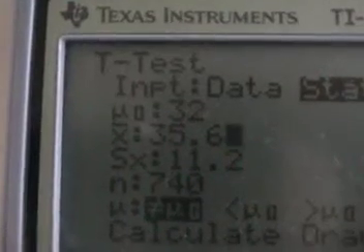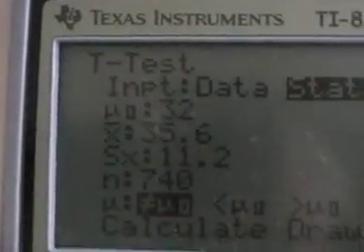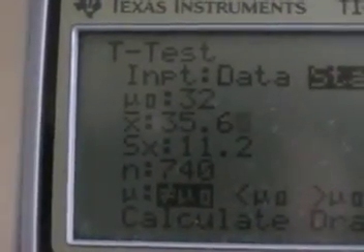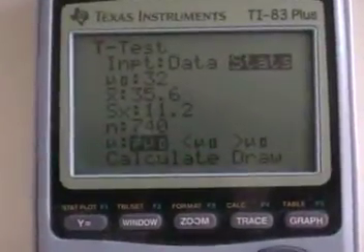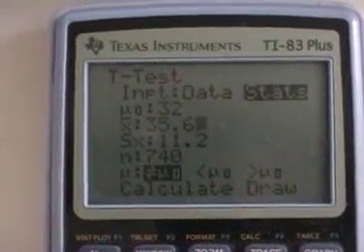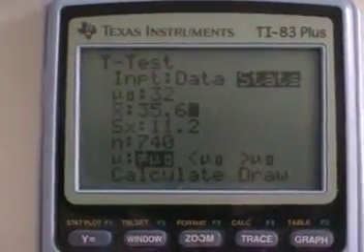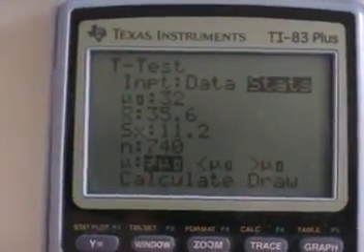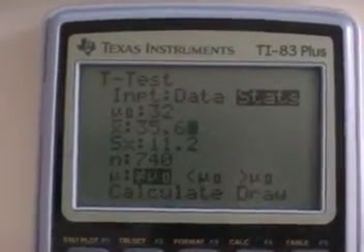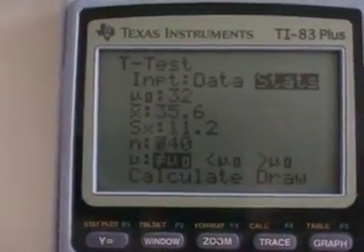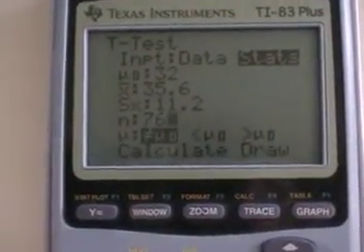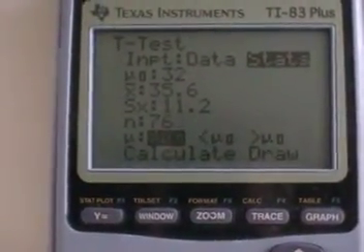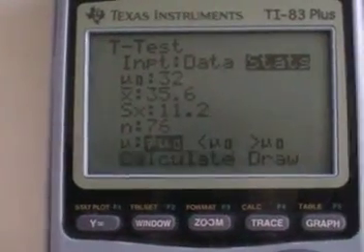The claim is that their age was 32, but in a sample I got 35.6. Could that happen randomly by chance? Possibly. Or is that a significant difference where the probability of seeing that is so small that the claim must be wrong? That's what we're going to check here. N is 76. Again, the alternative hypothesis is not equal to, and then we'll calculate.